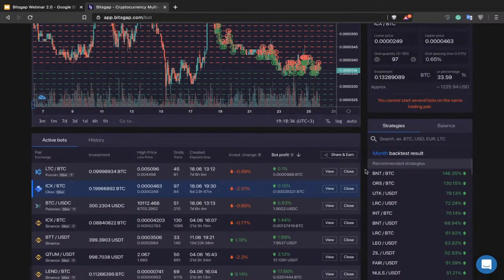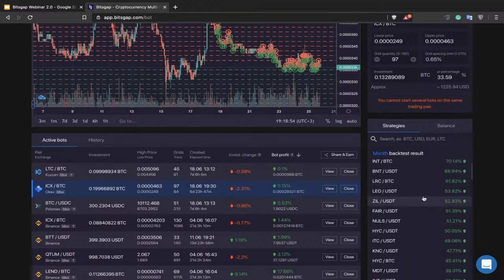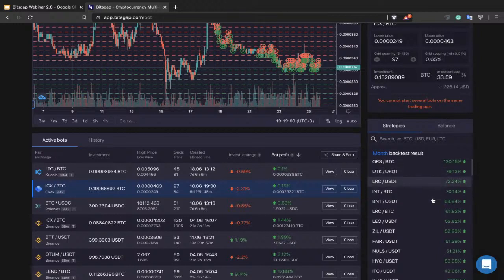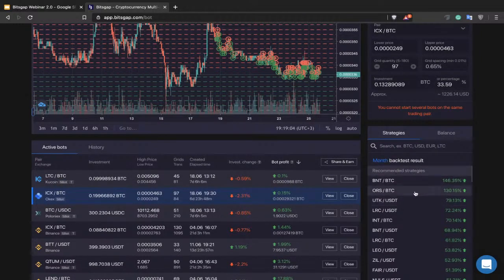But just for you to understand, we take the price action that was happening a month ago, and we take only those cryptocurrencies that have demonstrated decent returns for a monthly period. So these are the most appealing cryptocurrencies, the most liquid, most tradable, and those that have demonstrated the highest returns. So this is the list of recommended strategies.